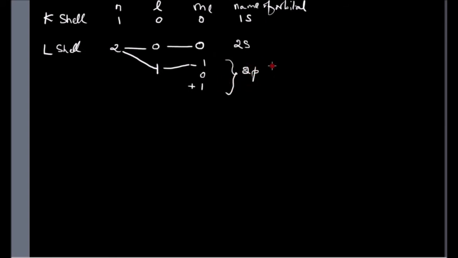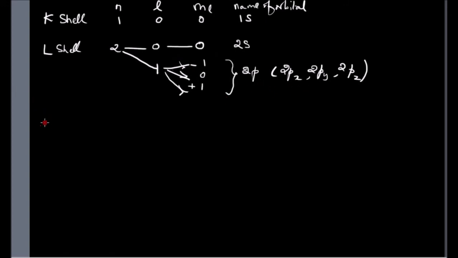We can call them 2px, 2py and 2pz. See, 2, 1, 0, 2, 1, plus 1, 2, 1, minus 1. 3 orbitals, 3 sets of orbitals.